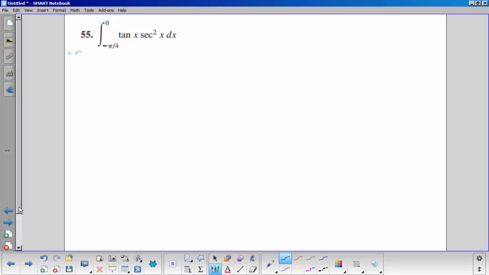Well, secant squared x is it? Secant squared x is the derivative of, so what's your u? Tan x. No, right? Because we need a du that goes along with u. So u is tan x. du is secant squared x dx.